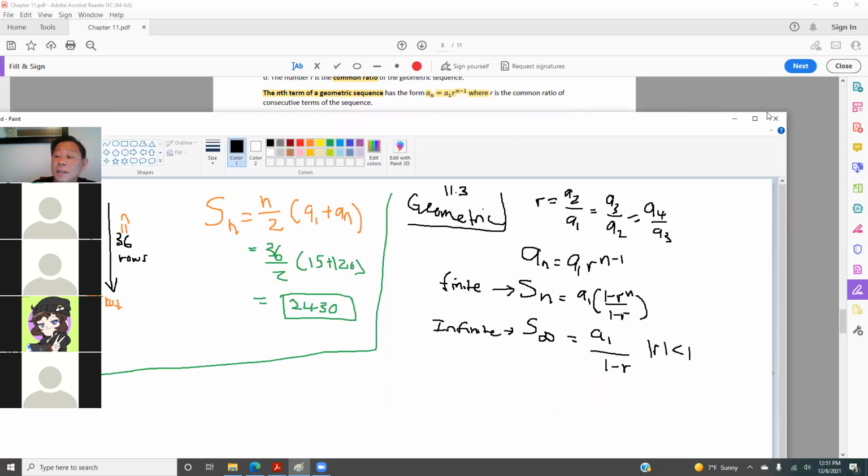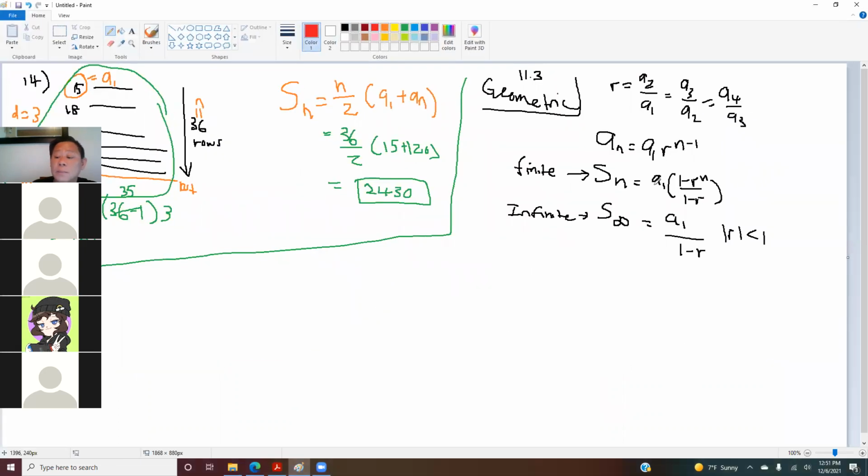Now this condition is very important, because I'll show you what's going on here. So let's say you have a geometric sequence. So this is a geometric sequence.